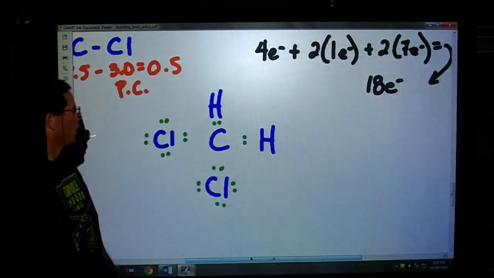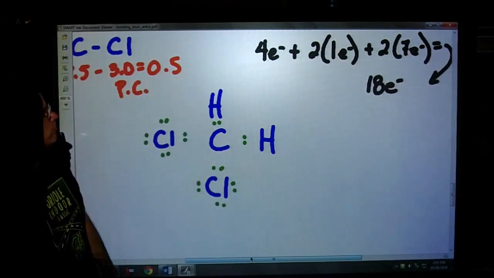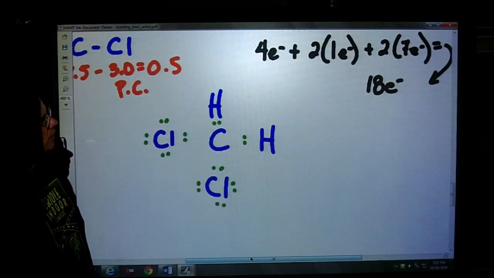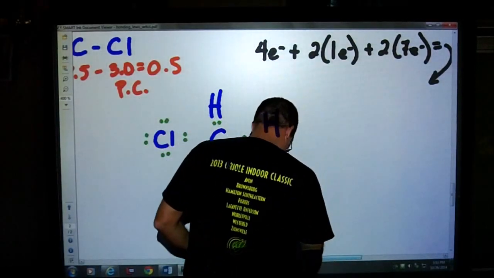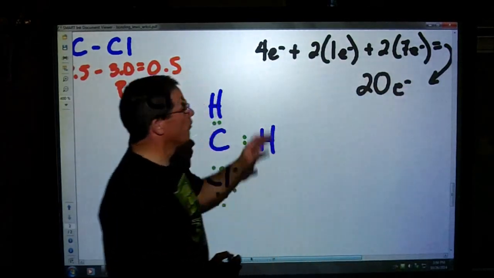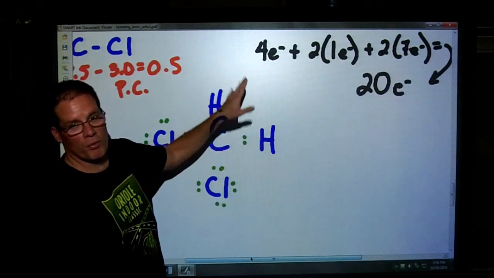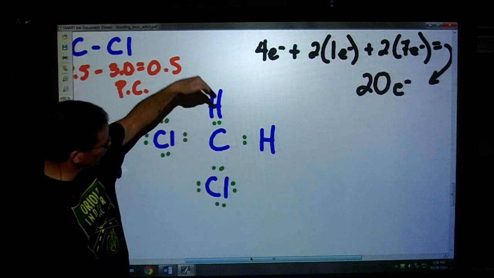All right, so we need a total of 20 electrons. 14 plus 2 is 16. 16 plus 4 is 20. So we have 16, 18, 20.